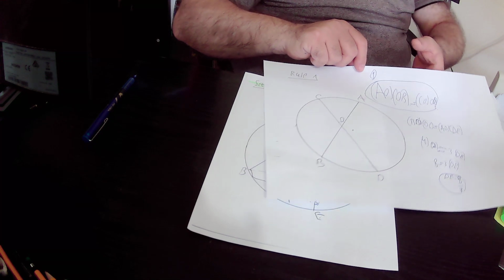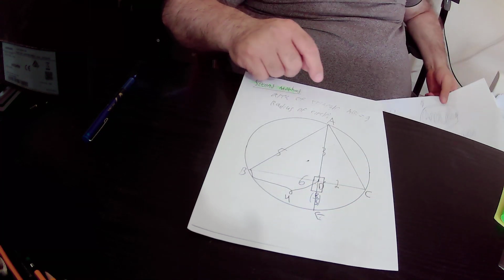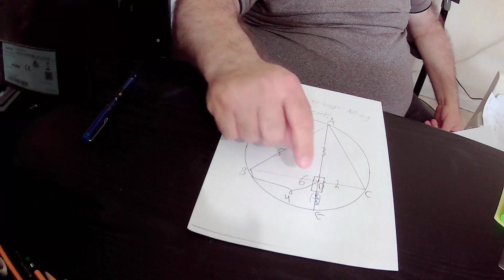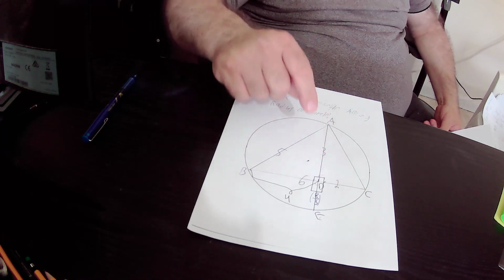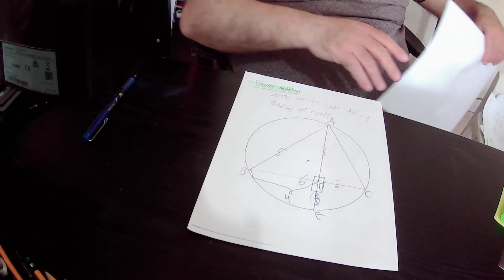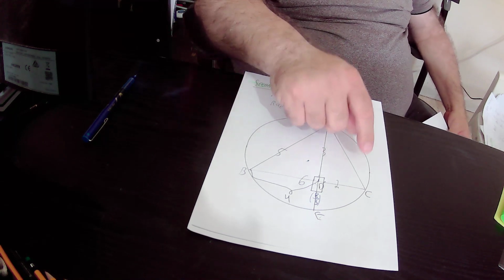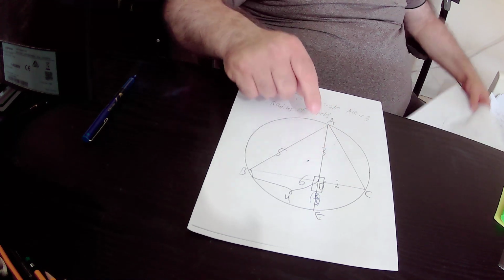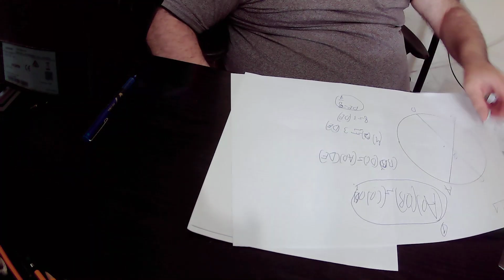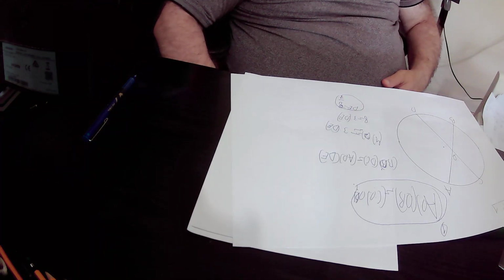We can implement rule number 1 in our drawing, because we have chord AE that intersects with chord BC at point D. Therefore, according to rule number 1, we get that BD times DC equals AD times DE.